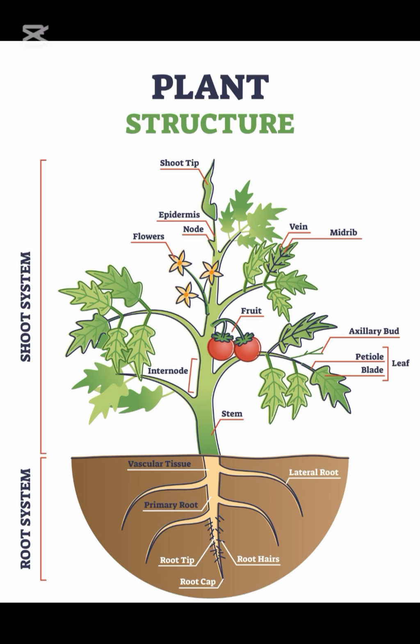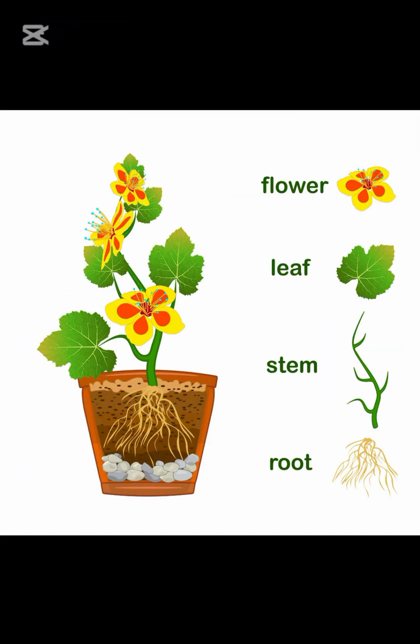Your plant also eats, so most of the food it eats is stored in the roots. So always remember that your roots help the plant to drink and to stay firmly in the soil. It also stores its food.